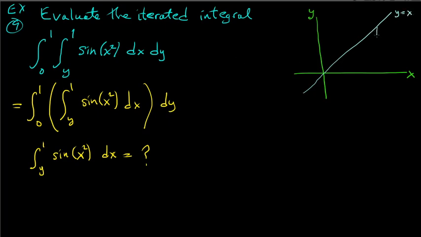So x equals 1 is this vertical line here. And what is y doing? Y is going from y equals 0, which is the x-axis, to y equals 1. This is y equals 1 here. This is y equals 0.